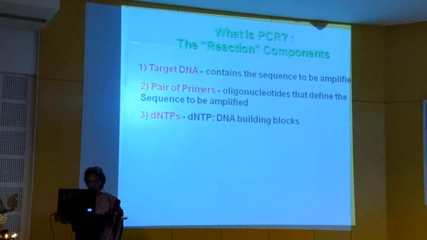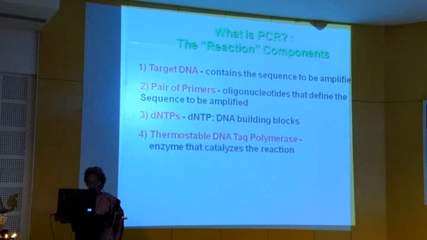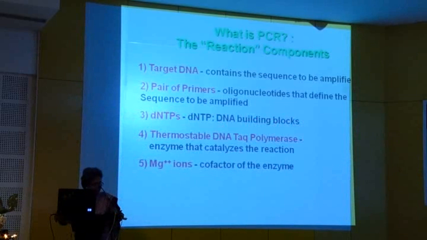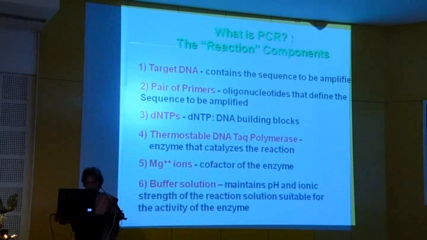You have the dNTPs, the DNA building blocks, and then the thermostable Taq DNA polymerase enzyme that catalyzes the reaction, and the magnesium ions that act as a cofactor of the enzyme. And then you also have the buffer solution that maintains the pH and ionic strength of the reaction solution suitable for activity of the enzyme.